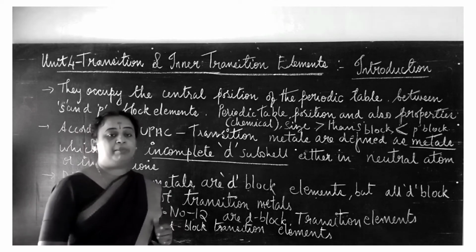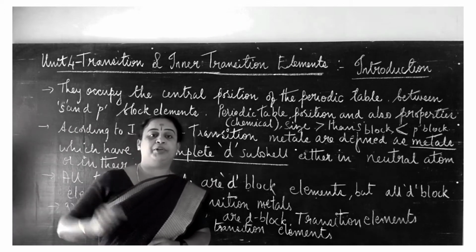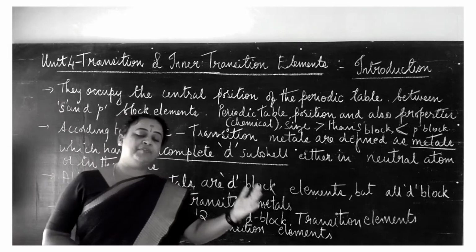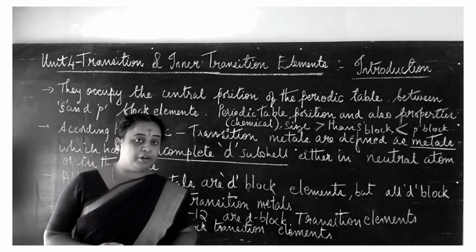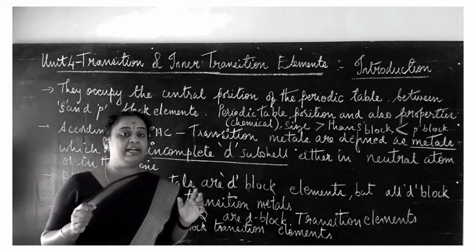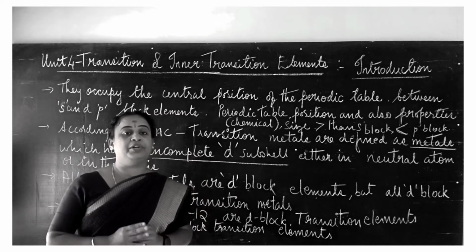Transition elements, when you look into the periodic table: the extreme right end of the periodic table is the P block elements, the extreme left side is the S block elements, and at the bottom part of the periodic table is the F block elements. The D block elements come in the center of the periodic table.